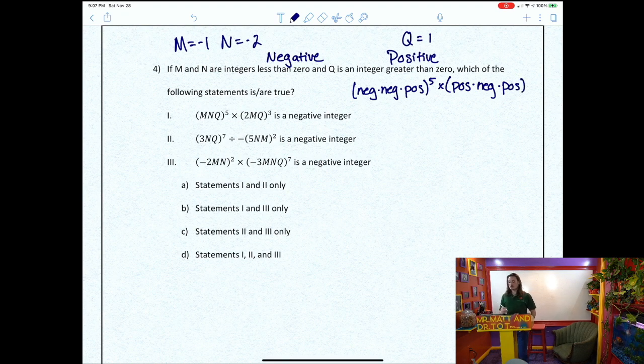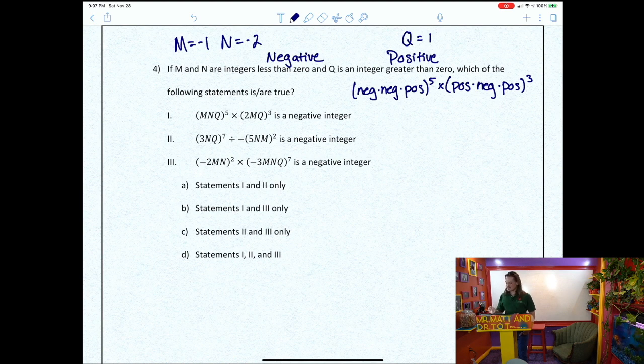Now you need to know when you exponentiate to an odd number, like to the 5th power or to the 3rd power, if the value is negative, it's going to retain that negativity. So if you raise to an even power, the negativity goes away. But if you raise to an odd power, like 3, 5, 7, 9, 11, 13, so on and so forth, any odd exponentiation is going to remain negative.